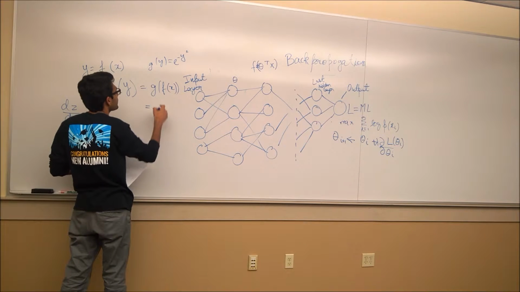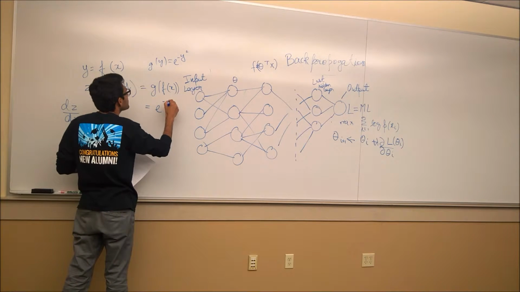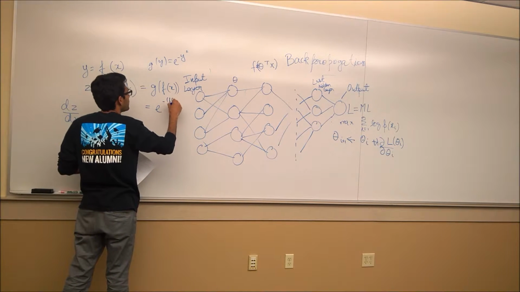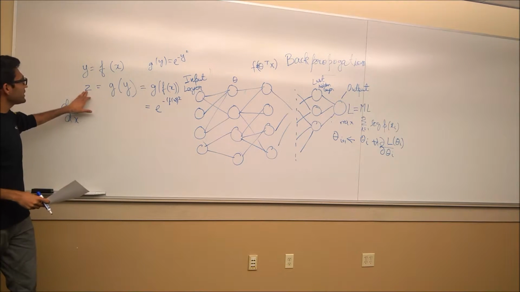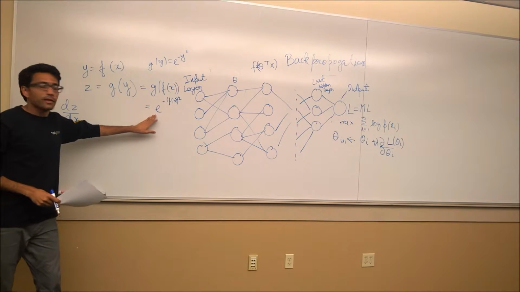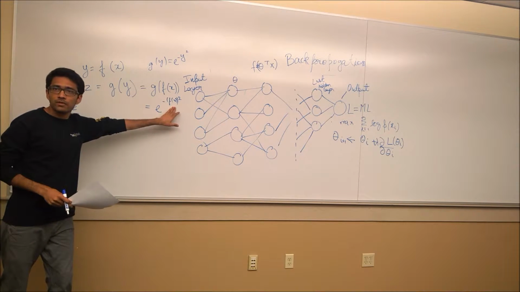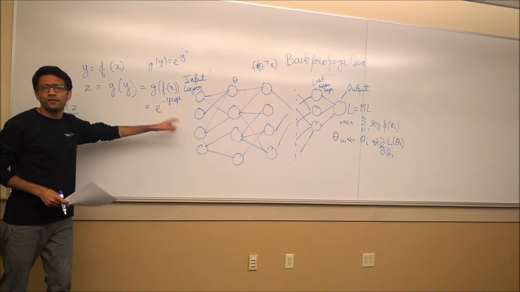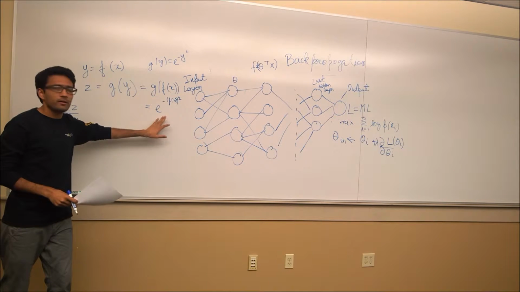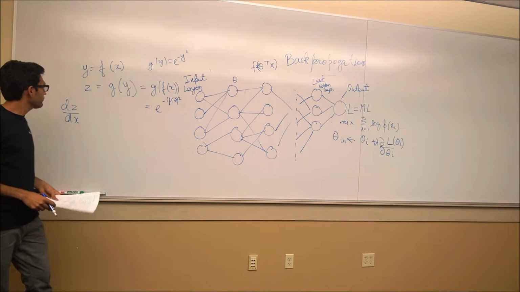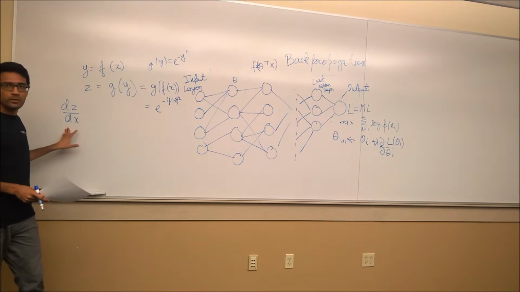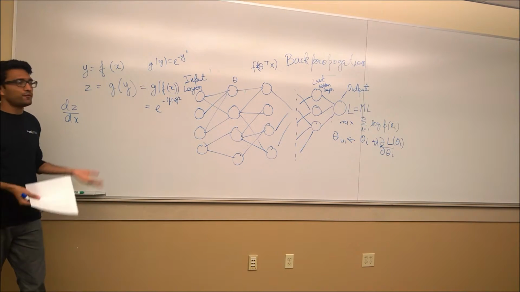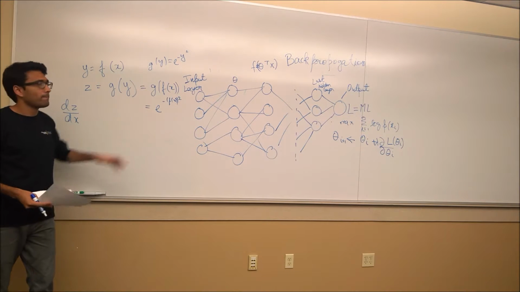So this would turn out to be e to the power minus f of x whole square, right? So now I have z directly in terms of x, right? And maybe f of x I can expand as well, and then this would be completely in terms of x, right? And then I can just differentiate it with respect to x, using my differentiation tools, I can do that, right?